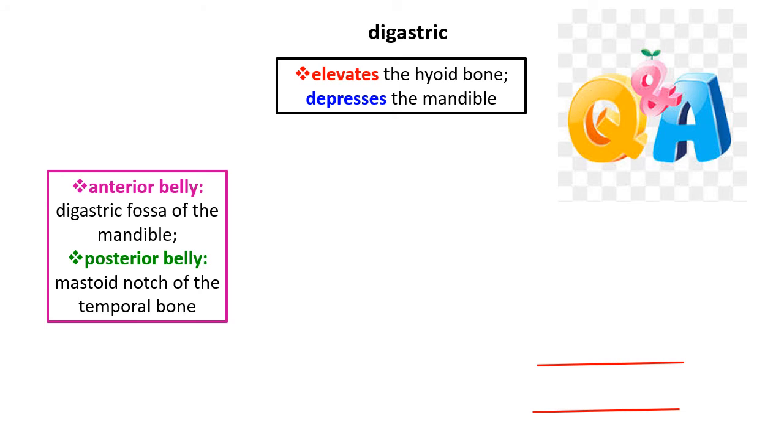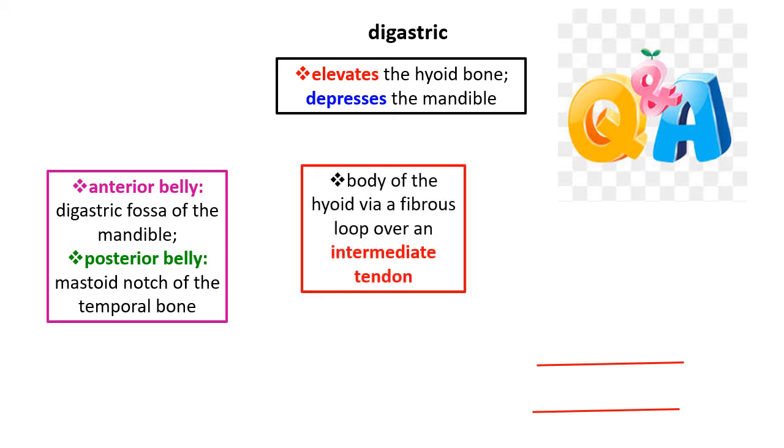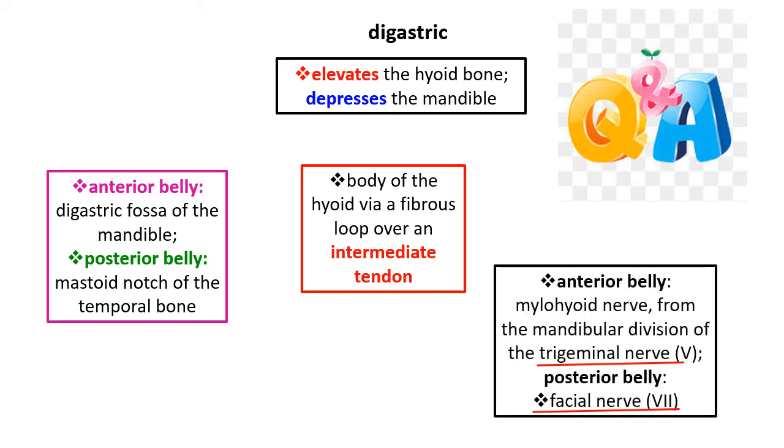There is an anterior belly which attaches to digastric fossa in the middle part of the mandible, and a posterior belly attaches to the mastoid notch of the temporal bone. The body of the hyoid bone, via a fibrous loop over the intermediate tendon. This loop is made by the insertion of the stylohyoid muscle.